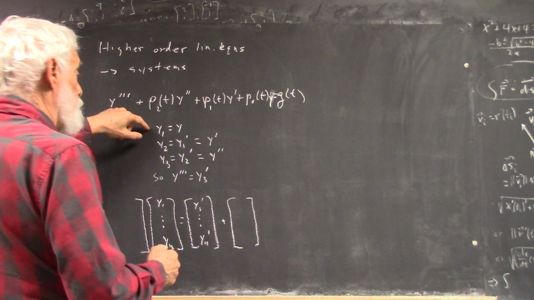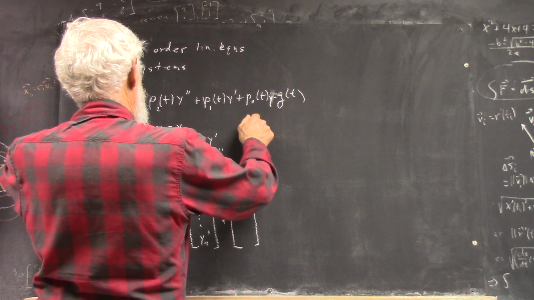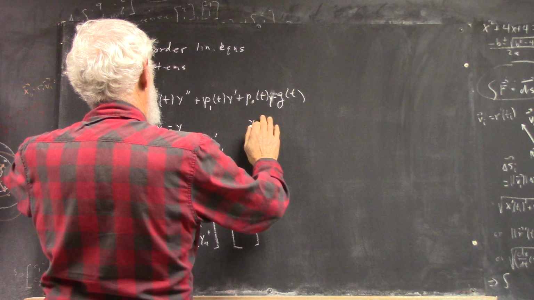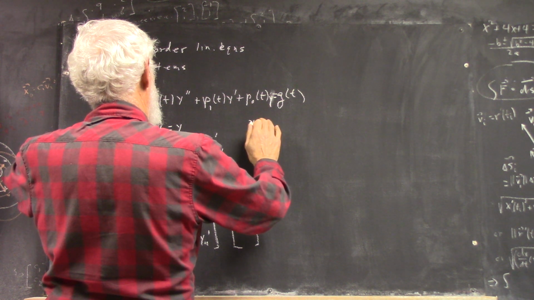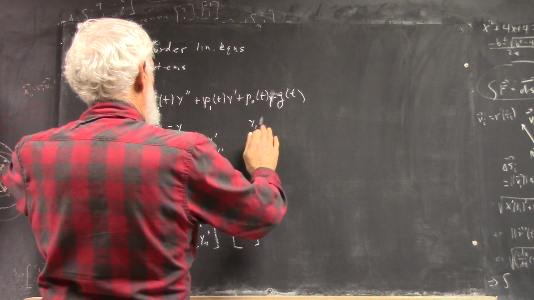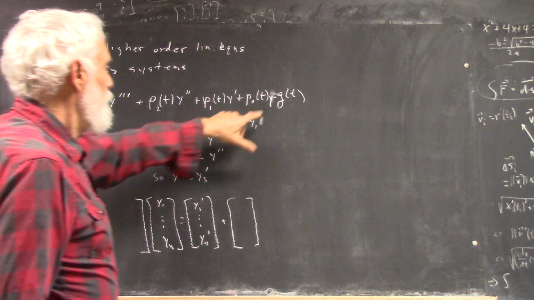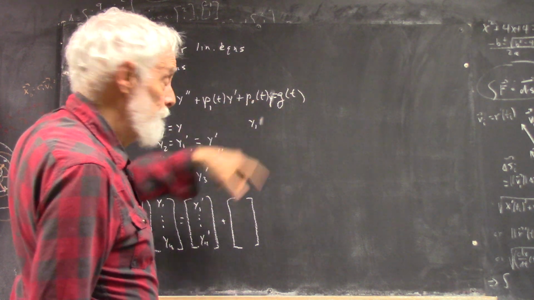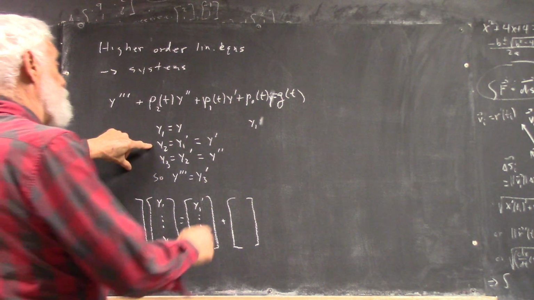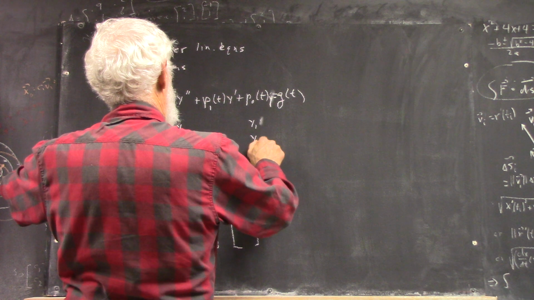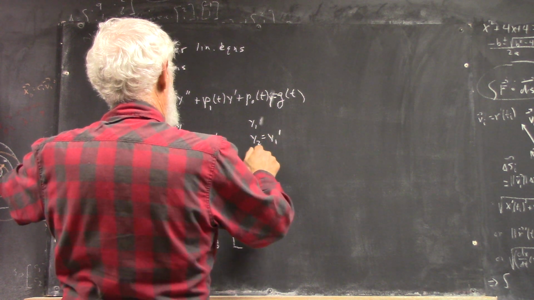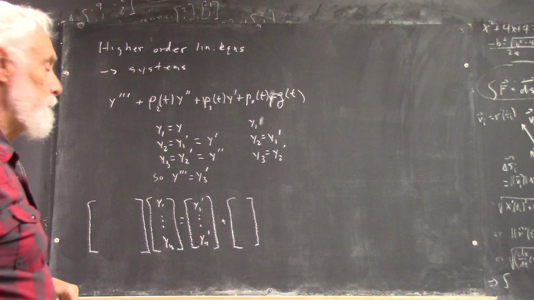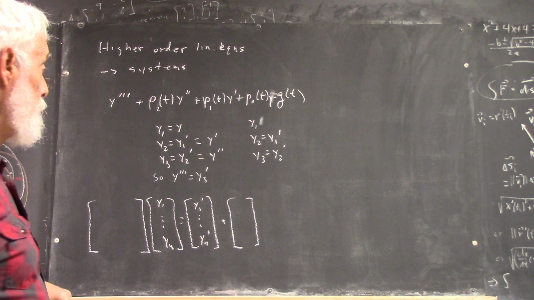Okay? First equation is just, again, well, we've got y1, okay? And when we write this, we're going to replace y by y1, okay? And then we've got this, okay?